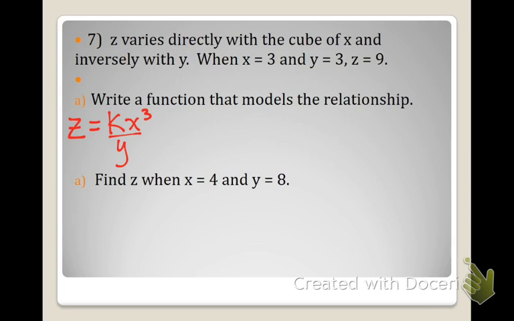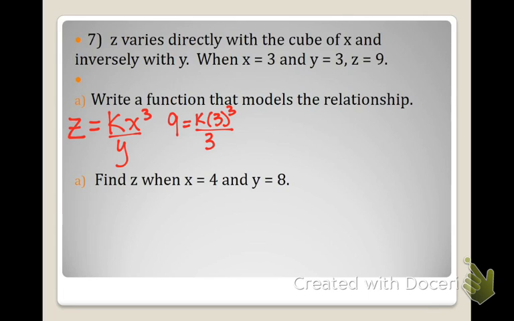What did we get for our k value? 1. I got 1 earlier when I did it. So we would plug in 9 equals k times 3 cubed divided by 3.